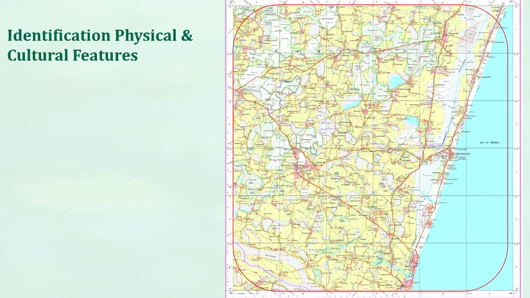Next, about inner marginal information, right. Inner marginal information is about cultural and physical features. Physical features, for example, water bodies, lake, river, a part of ocean or sea, or hills, plain, plateau, like this, physical features we can find in this.